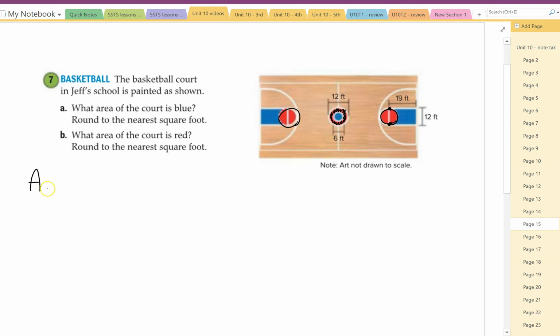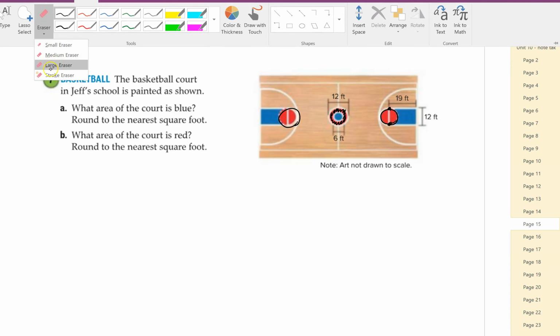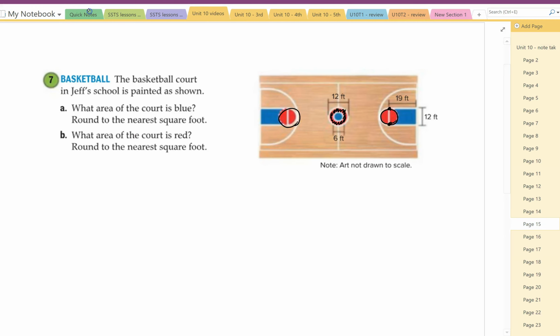So to figure out the area, I'll do this in red. Figure out the area of this circle. It's pi r squared. Right now what I have is the diameter. And remember, the radius is just half of the diameter. So the radius for these red circles is just going to be 6. If the diameter is 12, radius is 6.